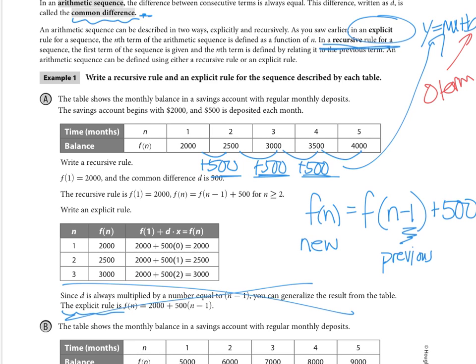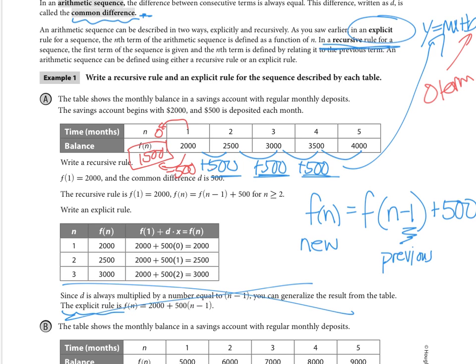So to me, it's easier to use the table. I want to find the zero term, so I go backwards. 1,500. Exactly, by doing what? What did you do? Subtracted 500, because if you're going backwards, you do the opposite. And if you subtract, you get 1,500. There is the zero term. That, to me, is a whole lot easier than doing what the book does.